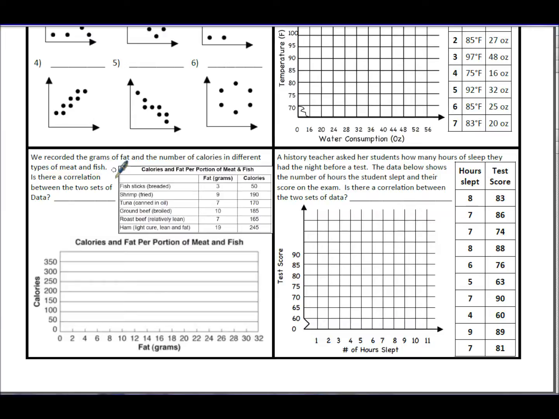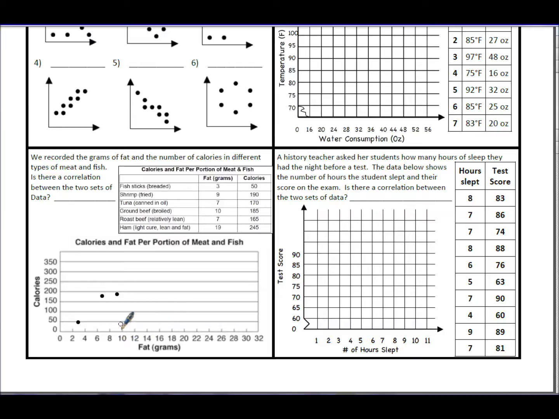So we recorded the grams of fat and the number of calories in different types of meat and fish, and it asks if there's a correlation between the two sets of data. So fish sticks, we have 3 grams for 50 calories, then we have 9 grams for 190 calories. We have 7 grams with 170 calories.